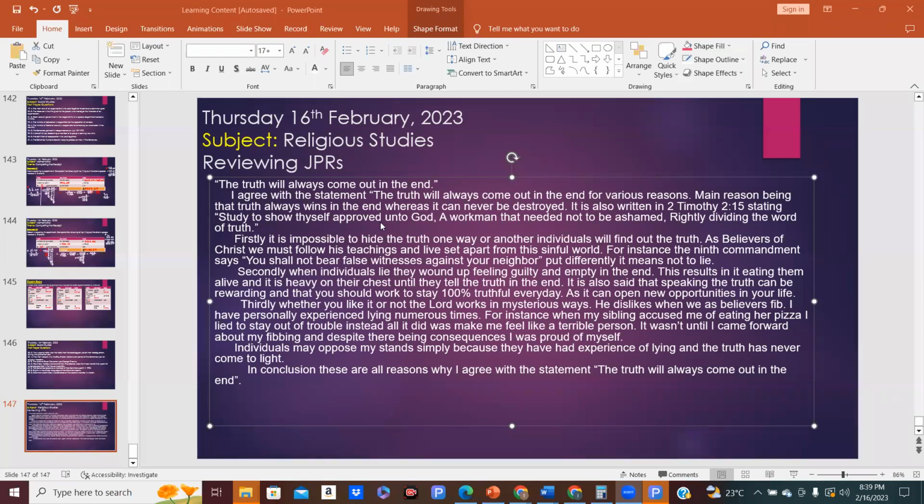The truth will always come out in the end. I agree with this statement. The truth will always come out in the end for various reasons. Main reason being the truth always wins in the end, whereas it can never be destroyed.